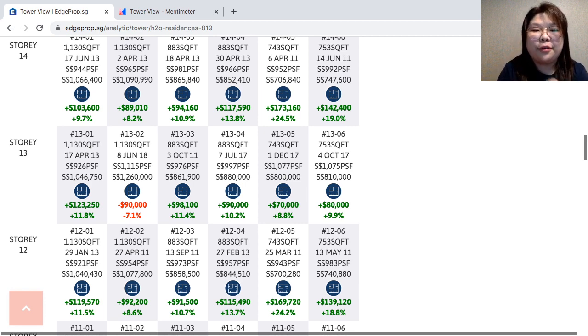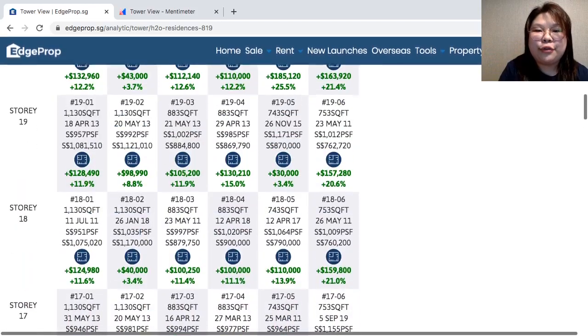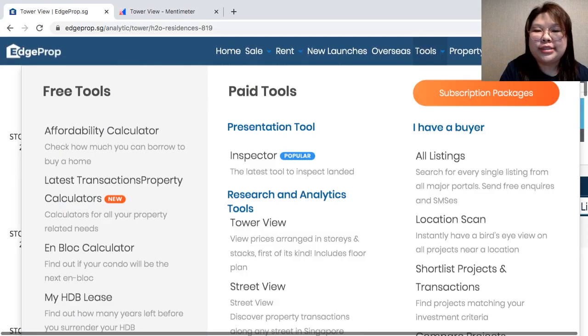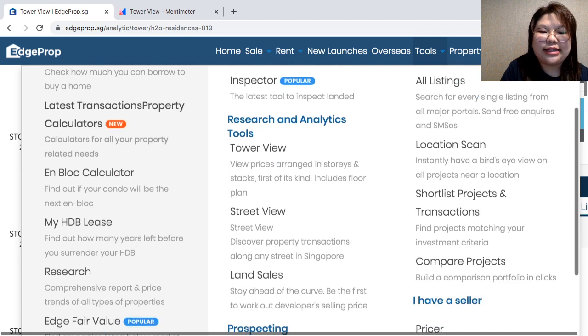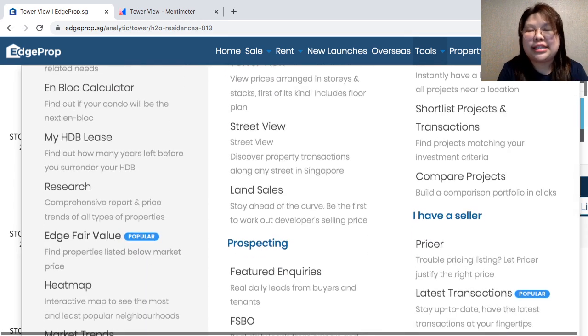First and foremost, if you mouse over Tools, on the left hand side we have this function called Edge Fair Value, where you key in the address down to the unit number, and based on our algorithm, we will calculate the indicative valuation for you.